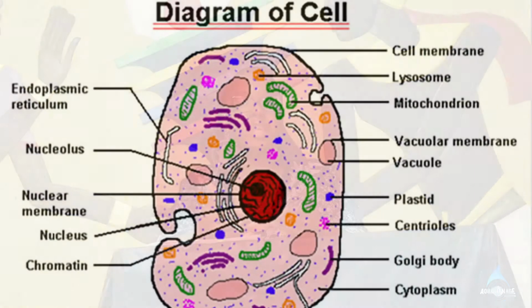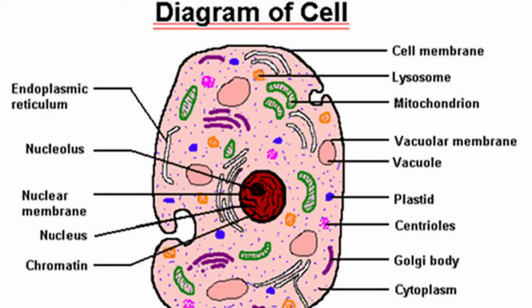If you look at the basic components of a cell, one of the basic components is the mitochondrion.